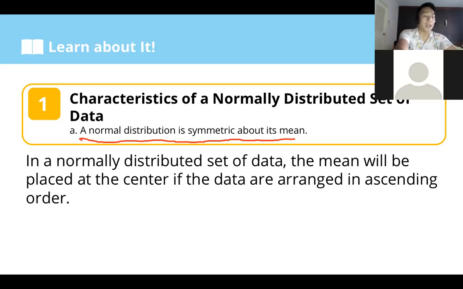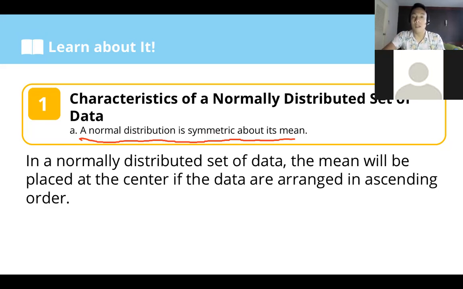For example, I have two papers. I have a paper here. If I fold it just like this, the one in the middle is called the axis of symmetry, and these two sides are now symmetrical. That is about symmetry. So a normal distribution is symmetric about its mean.